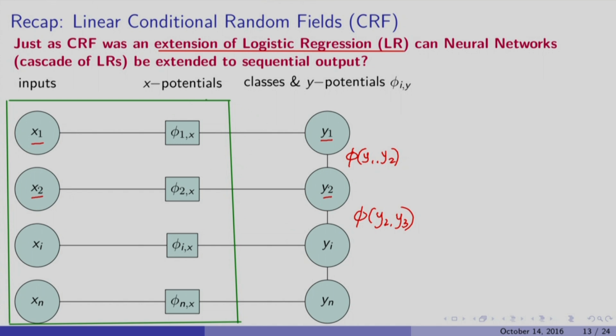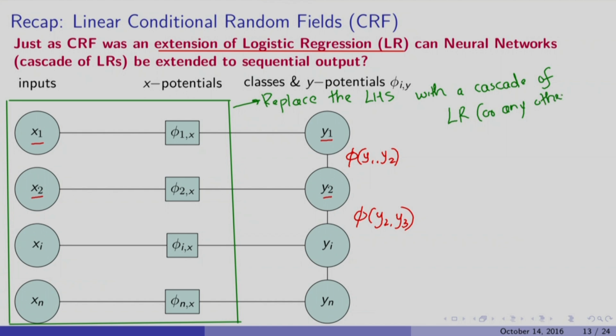So the question is, what if in a model such as a conditional random field you were to replace the input, that is the LHS here, the left hand side, with a cascade of say logistic regression or any other activation models.